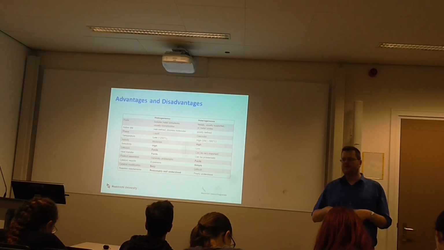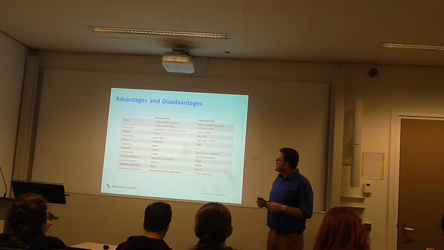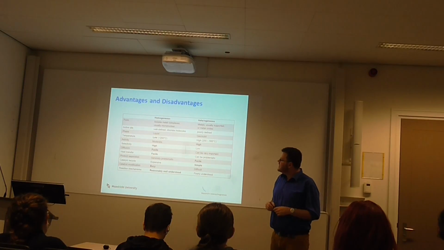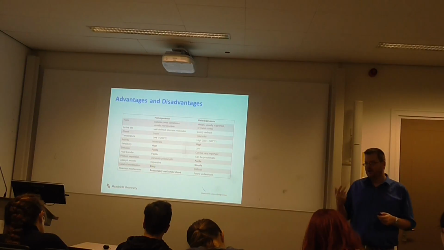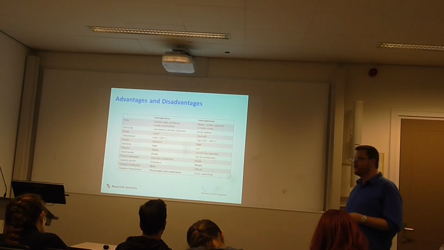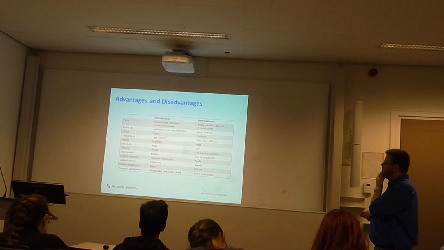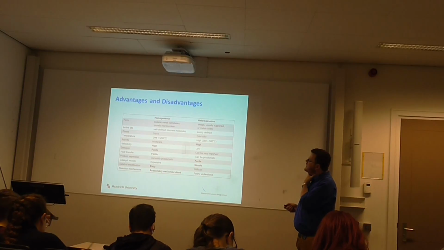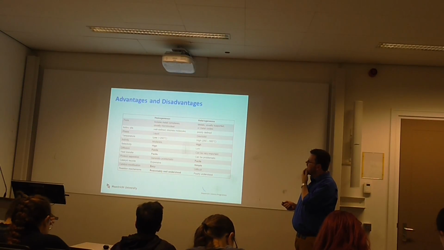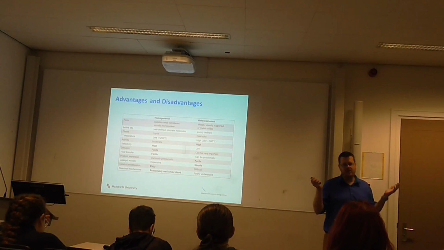In other words, they work at very extreme conditions, typically high pressures and temperatures. Homogeneous catalysts tend to be much more sensitive, and they're not so robust. But there are advantages and disadvantages to both. So let's have a look at this. The active site is generally poorly defined in heterogeneous catalysts. We just saw that a moment ago.